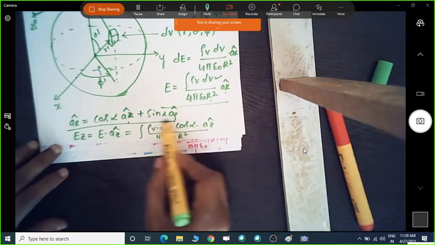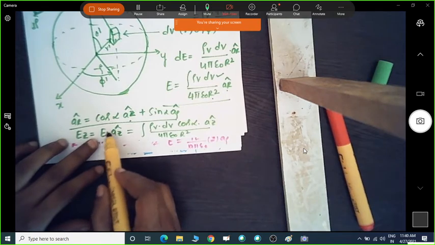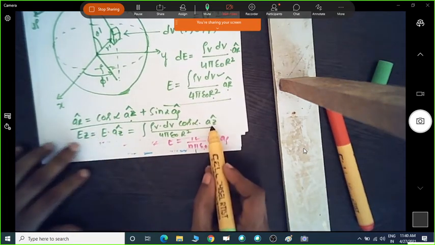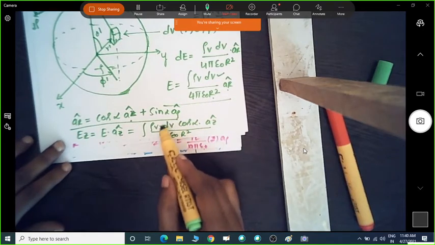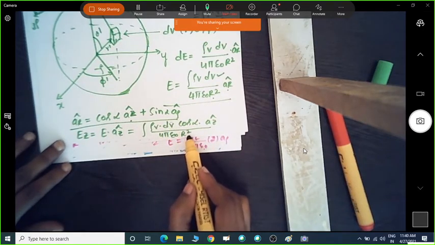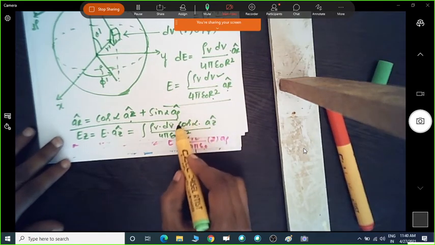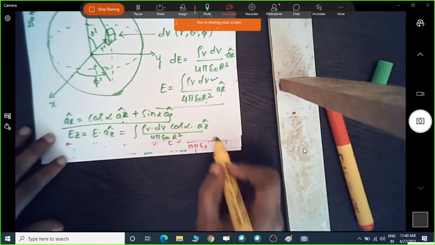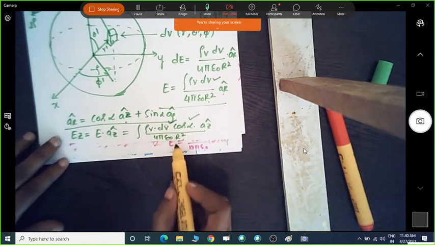This is what we end up with as the equation for the Ez component, the electric field in the direction of z. Now we need to evaluate this volume, as well as the distance r, and also we have to evaluate cos alpha.